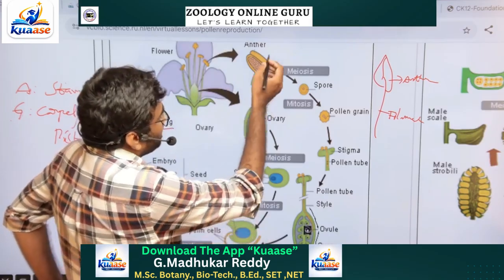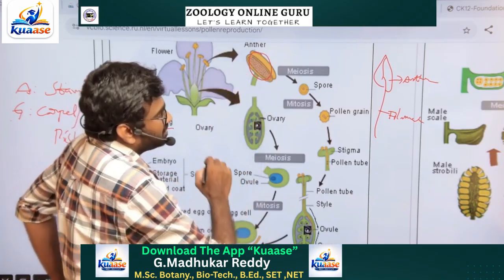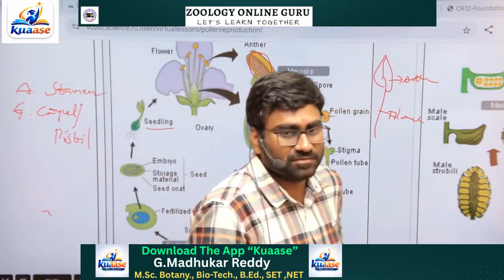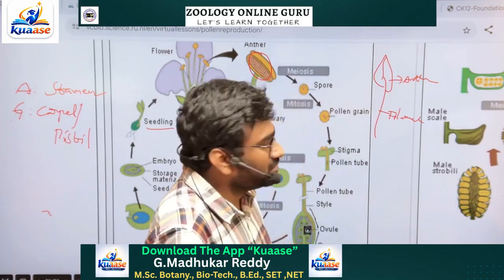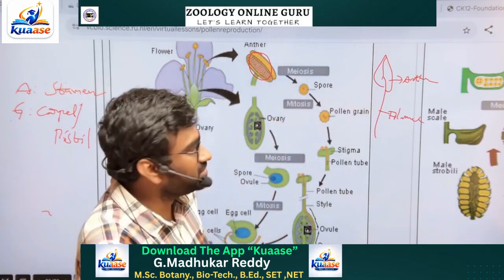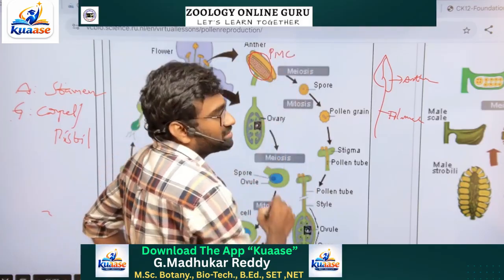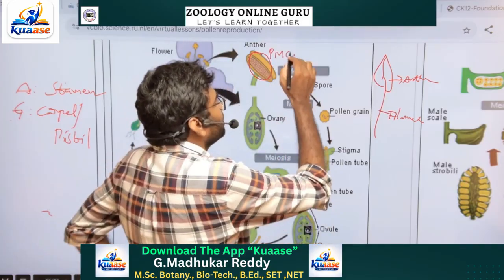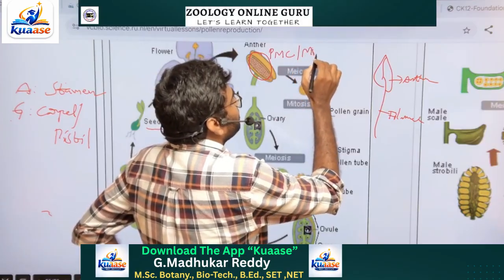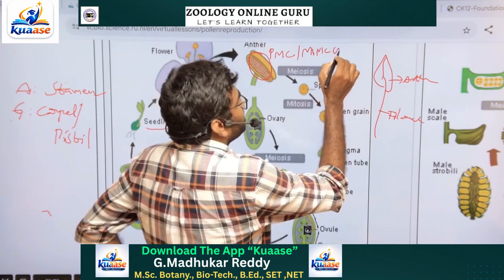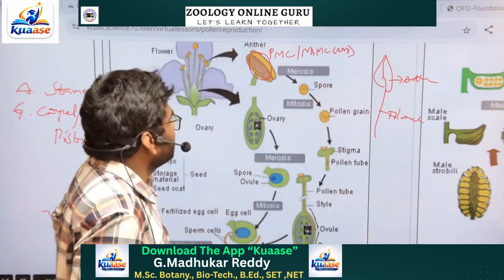So here this anther contains the sporogenous tissue. In the sporogenous tissue, pollen mother cells are present. We can call it PMC, or microspore mother cell, which is diploid in condition, right?